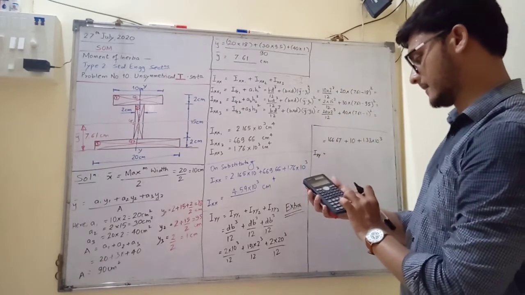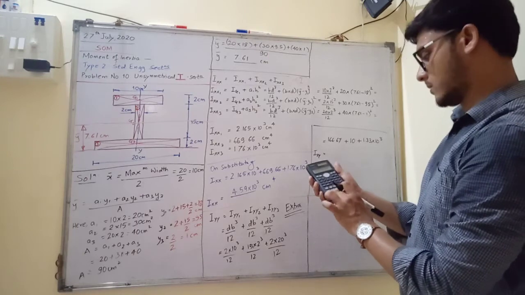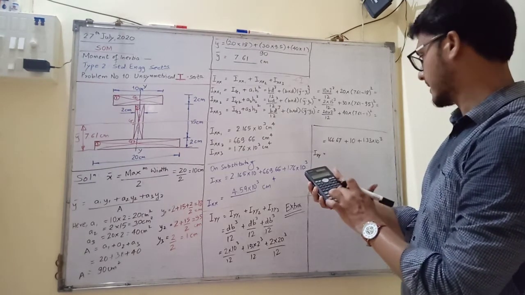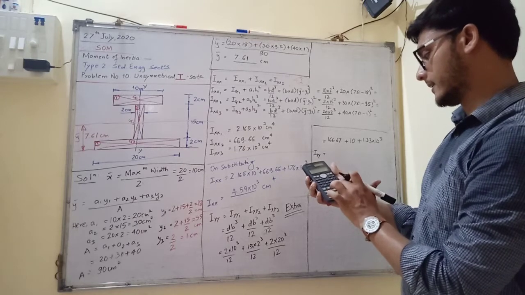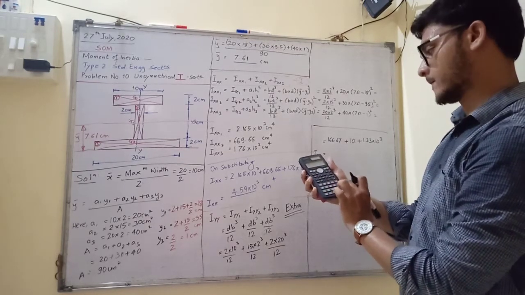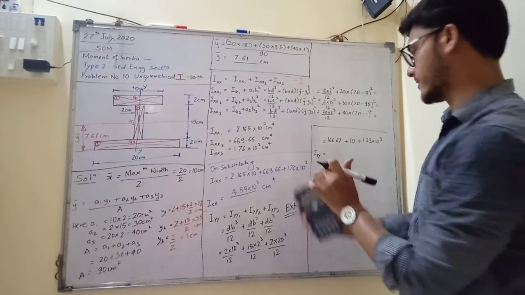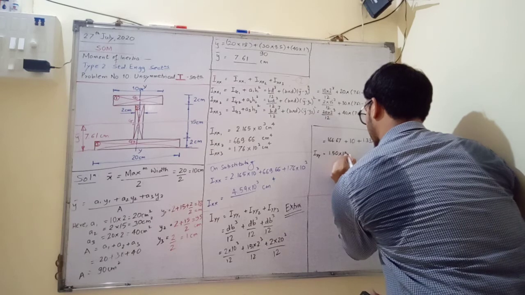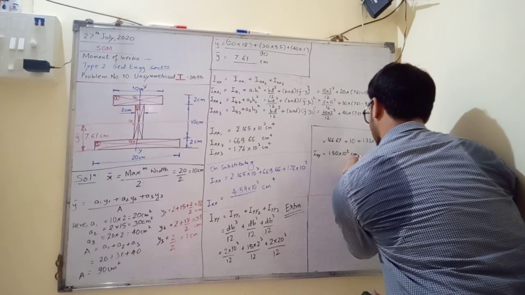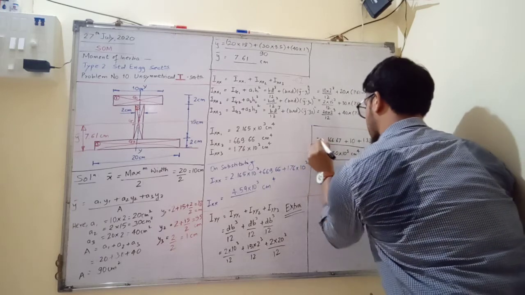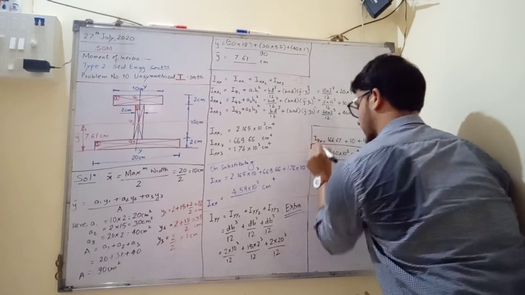So I'll add 166.67 plus 10 plus 1.33 into 10 raised to 3. So I got 1.50 into 10 raised to 3 centimeter raised to 4 will be the unit. So this is the final answer, Iyy.